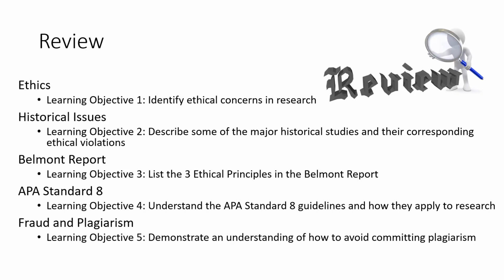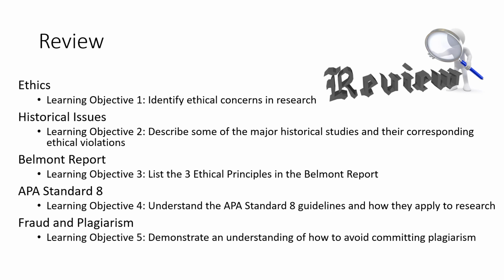So in review here, we first looked at ethics with the learning objective to identify ethical concerns in research. Then we looked at some of the history of unethical research, with the learning objective to describe some of the major historical studies and their corresponding ethical violations. Then we looked at the Belmont Report, with the learning objective to list the three ethical principles of the Belmont Report.